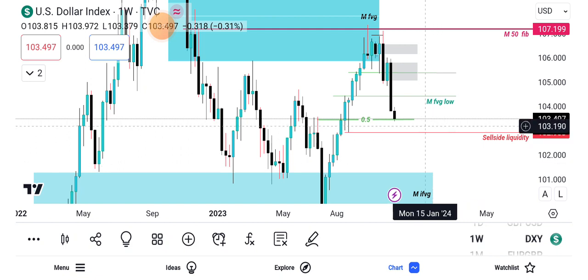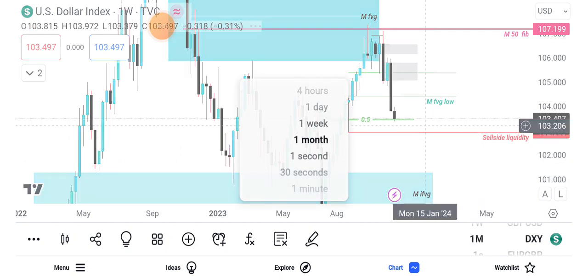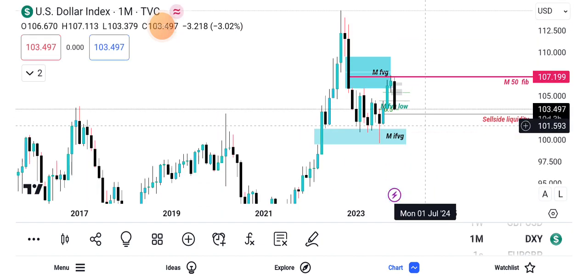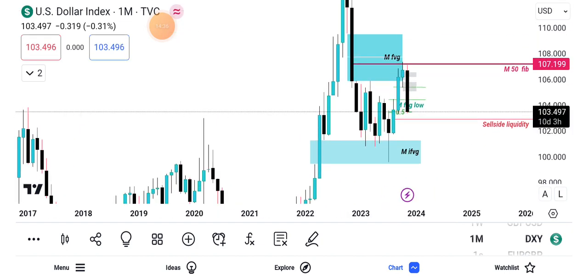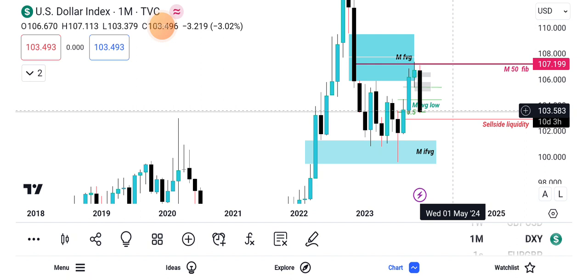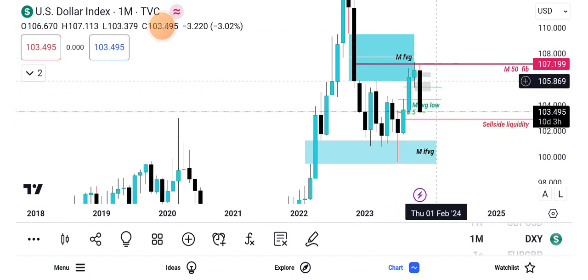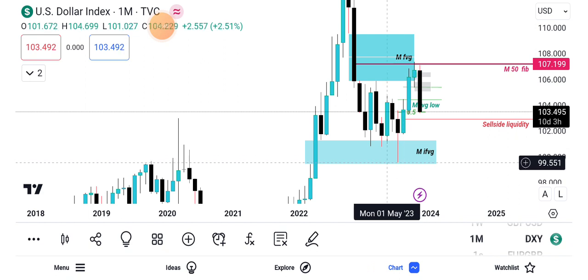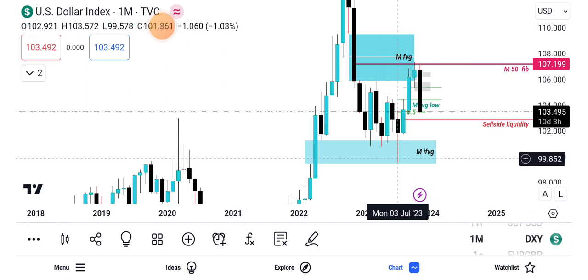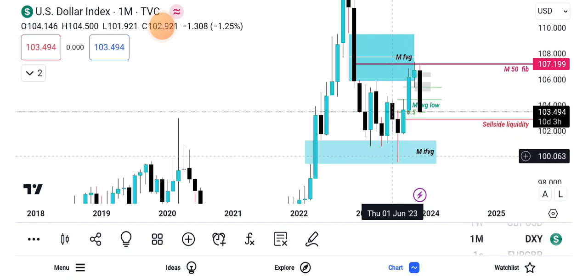So around here we can read price, whether it is bullish to this level, to this buy side liquidity here, or it will come lower and clear these sell side liquidities resting below there.